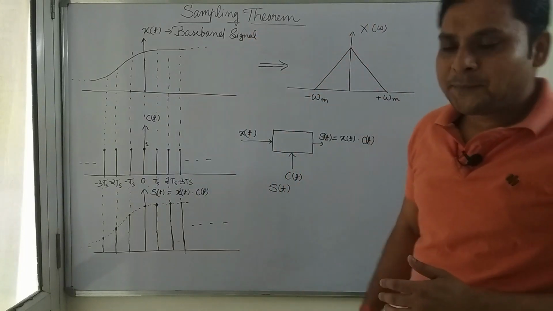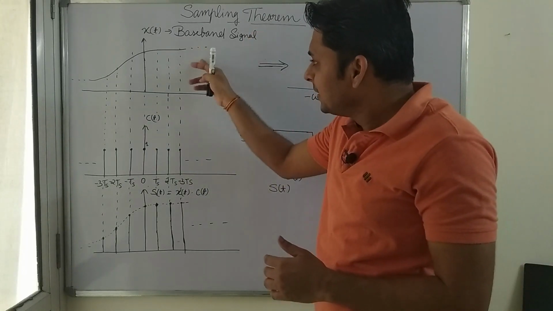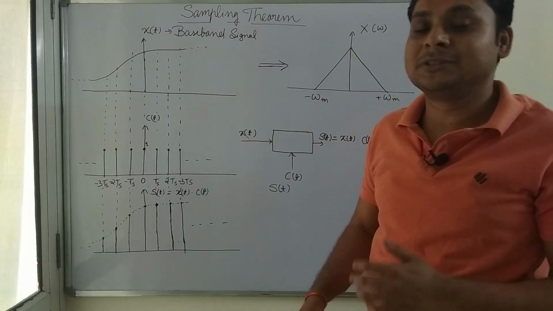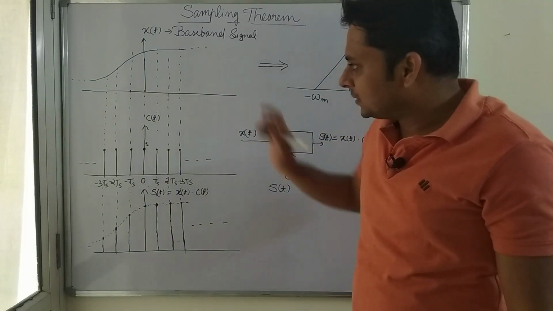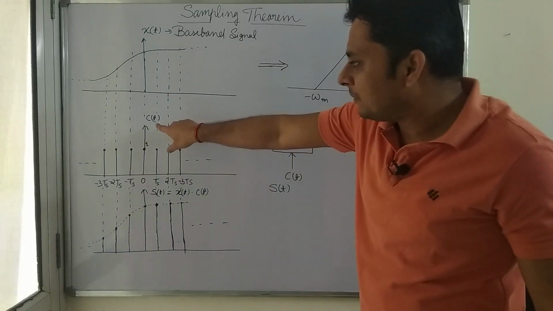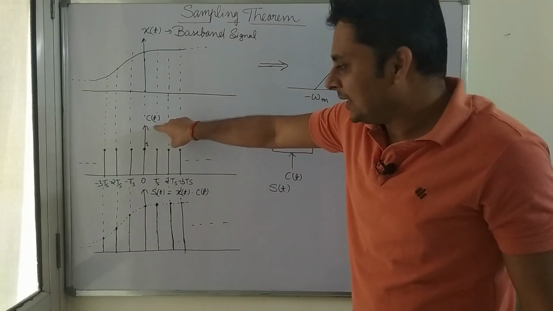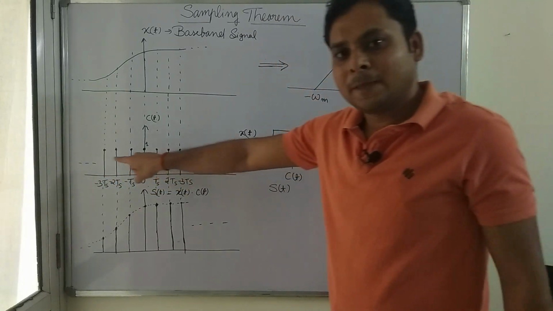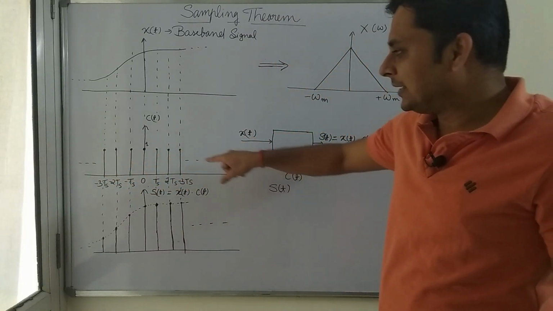Now let's see x(t). When we have taken this continuous signal and we have to convert it into a discrete time signal, what we have done is multiply it by the function c(t). You can see this is a discrete time function, a pulse train c(t).